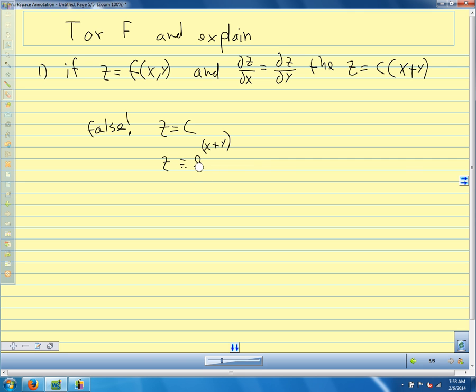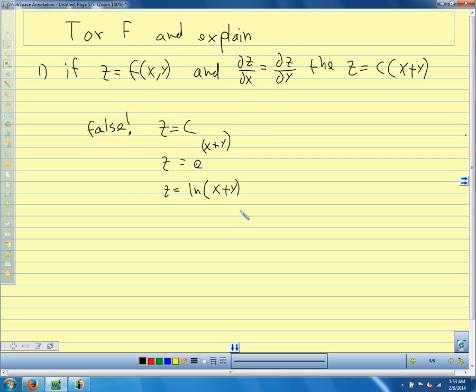The partial with respect to x of e to the x plus y is just e to the x plus y. Partial with respect to y is e to the x plus y, and they're equal. Would z equals natural log of x plus y work?